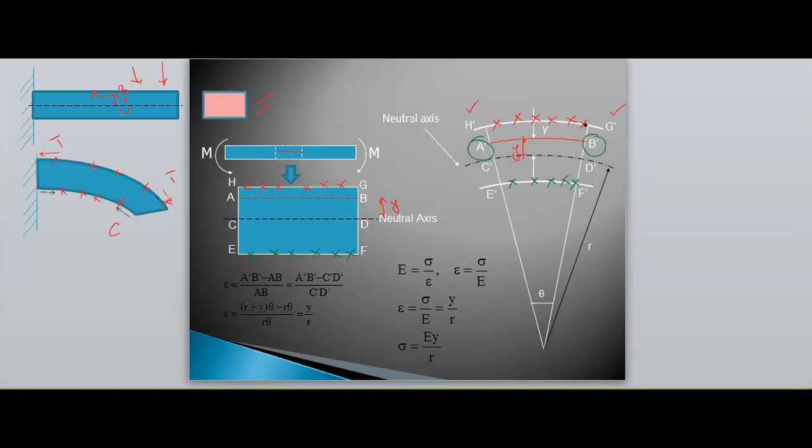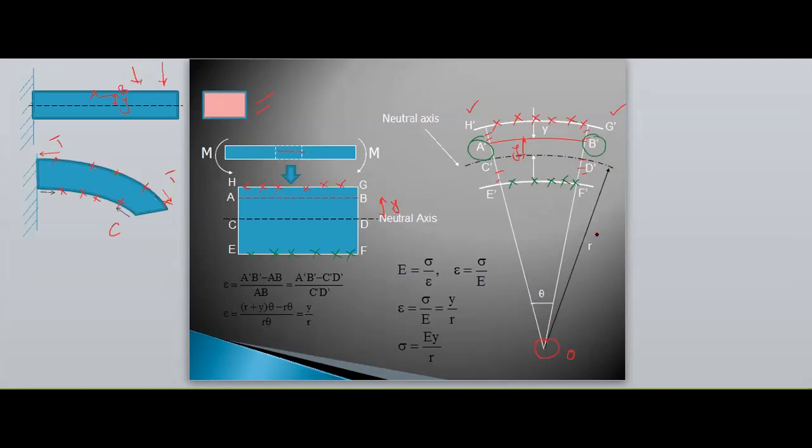Therefore, I am extending the cross section on this side and this side. If the cross sections are extended, they will meet at a point O. We are assuming it. Now from O, I am taking a radius to the neutral axis, that is small r.